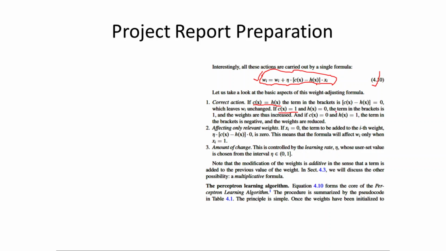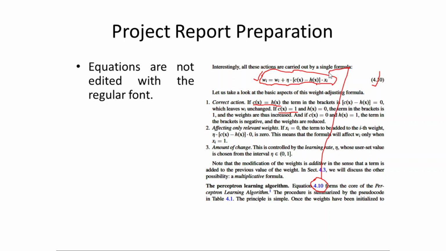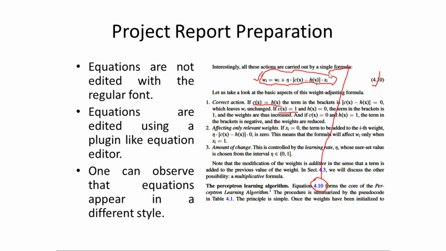They are body text centered. And the equation number appears right justified. And once again, a cross reference to the equation appears in the text. So equation 4.10 means this equation. So this is how normally the equations appear.